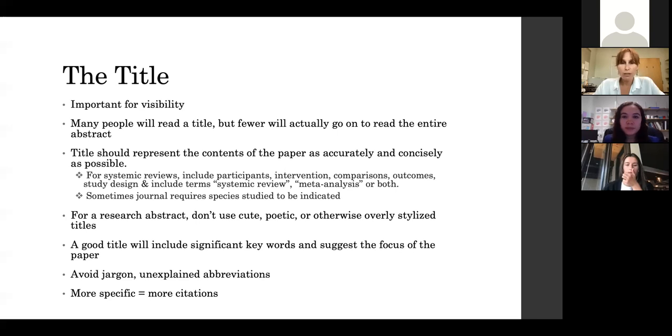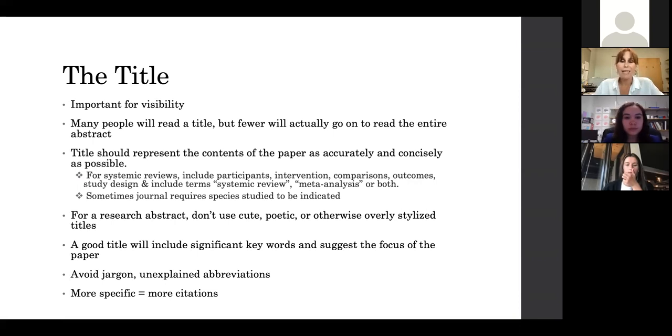Search engines and journal websites will use the titles of papers to categorize articles or present them to potential readers. And of course, potential readers will first read your title before deciding to read your abstract.